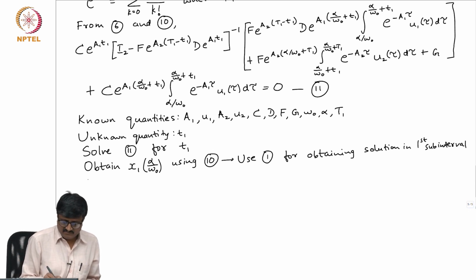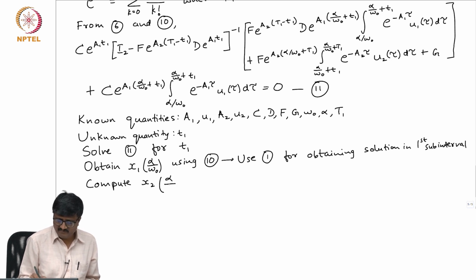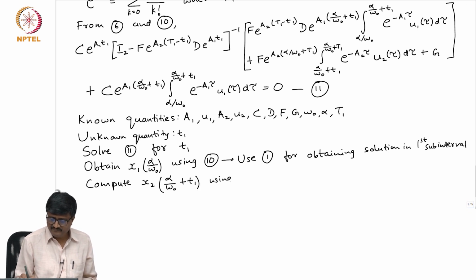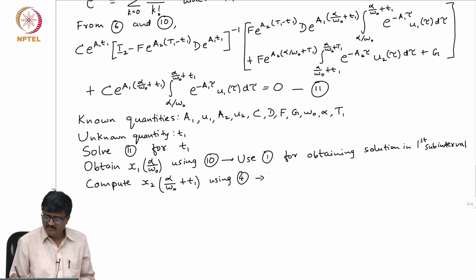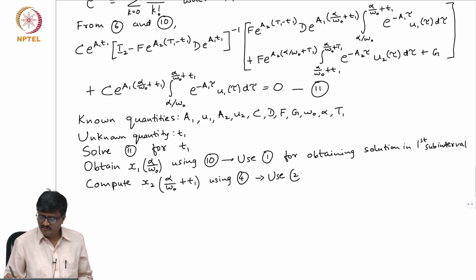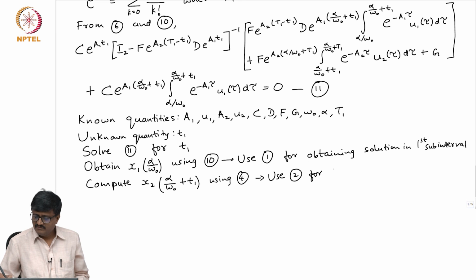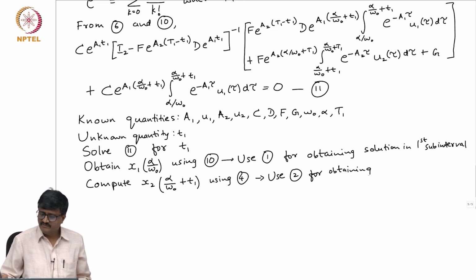So compute x2 at alpha by omega O plus T1 using 4. Then use equation 2 for obtaining the solution in the second subinterval.